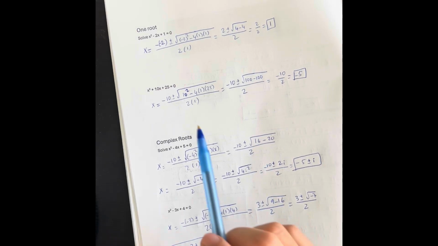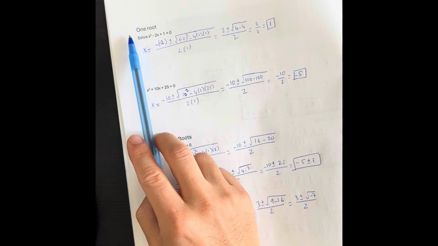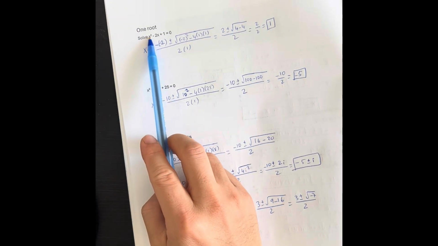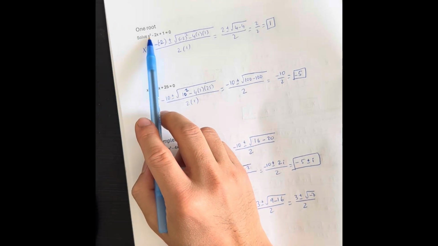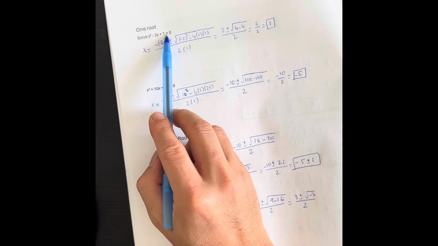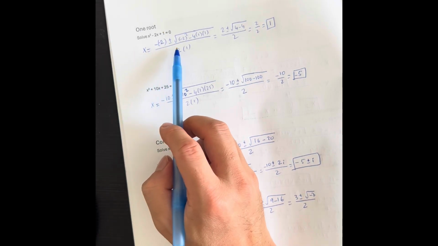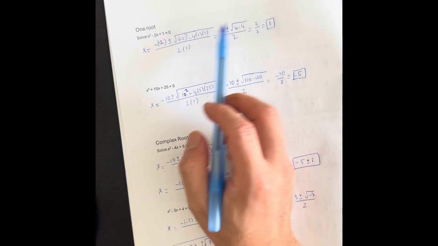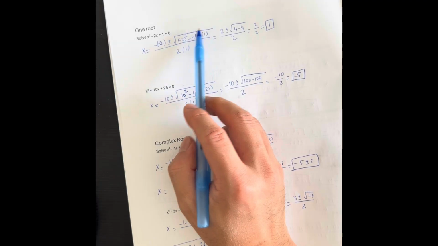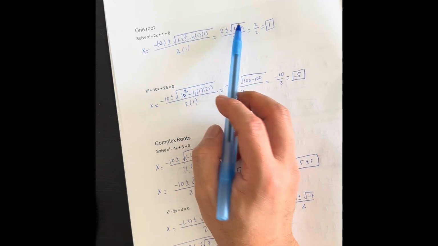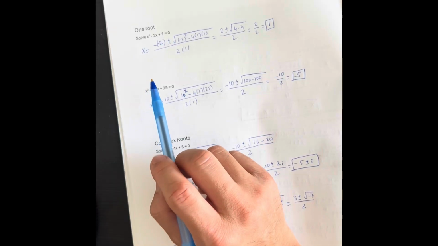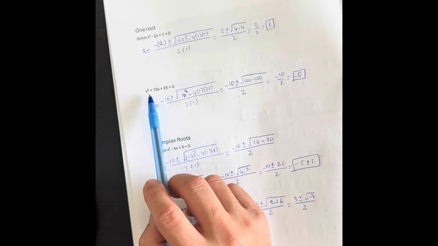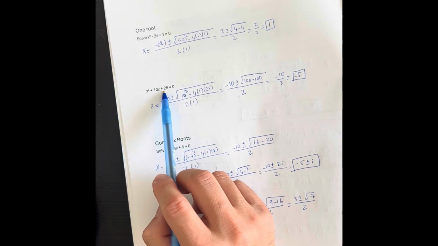There are a couple of special cases. The first case is that the equation can have just one root. So for example, in this case, x squared minus 2x plus 1 equals 0. Using the quadratic formula, we get x equals 1. Underneath the square root here, it ends up being 4 minus 4, which is 0. So the result is just one number. Same thing here with x squared plus 10x plus 25 equals 0.